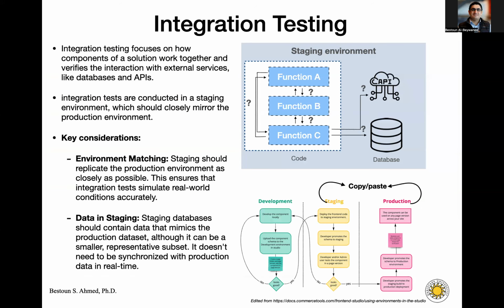Integration testing: we want to make sure, as I said, that all the components after unit testing, all the units, are working together, for example, the functions. However, this can be done inside a staging environment. What is a staging environment? A staging environment is a copy of the production environment, a small working version of the production environment, which is called the staging.